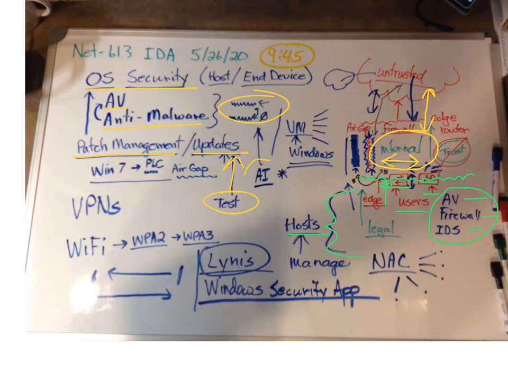These processes are slowly giving way to being machine managed using artificial intelligence. I gave an example where a company had Win 7, they couldn't update them because of their PLCs, programmable logic controllers, so they created an air gap.